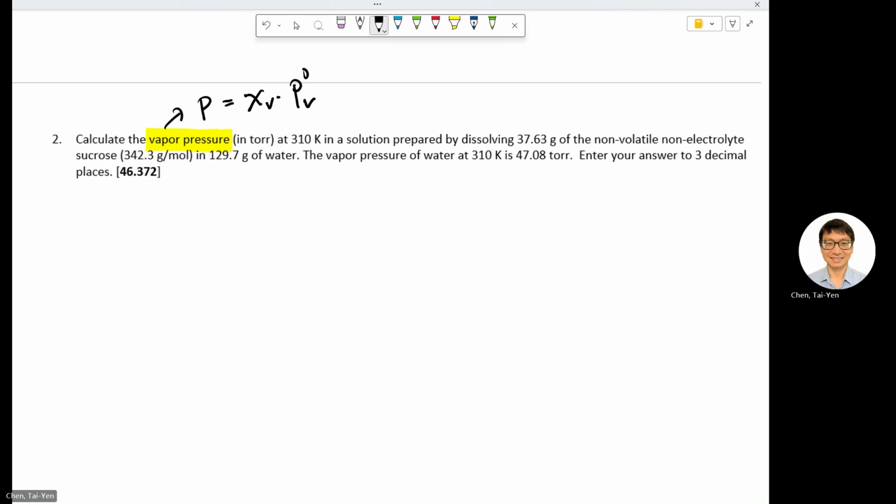Once I know my plan, I go back to my QD pad. Q is trying to figure out the vapor pressure, and you need a unit of torr.